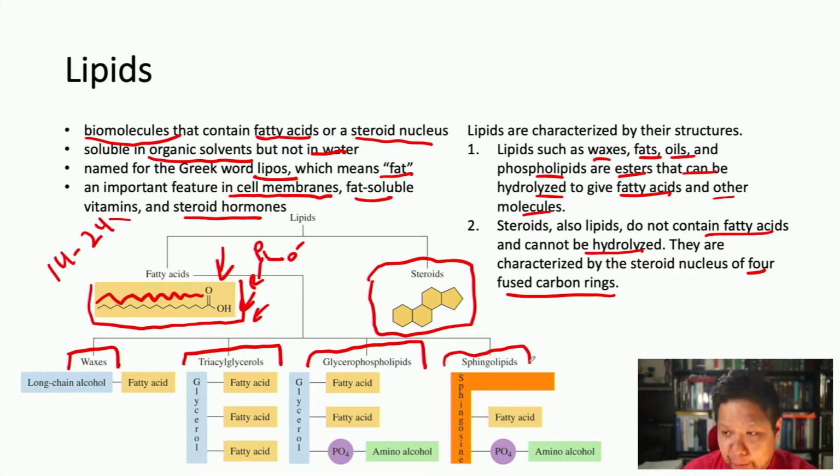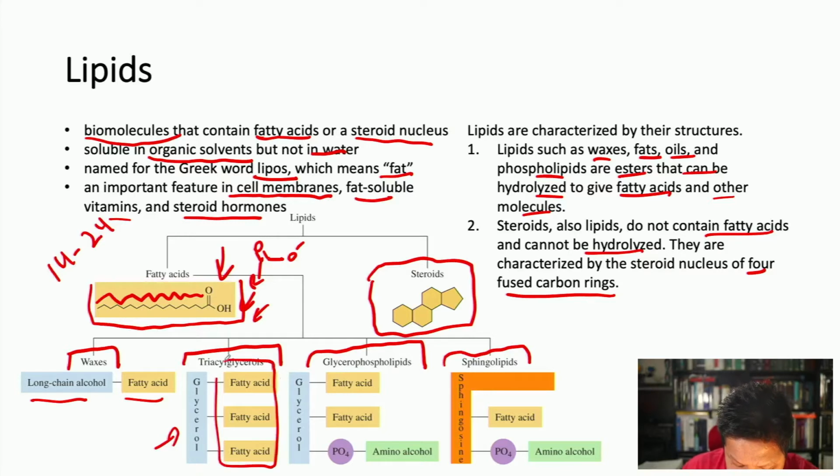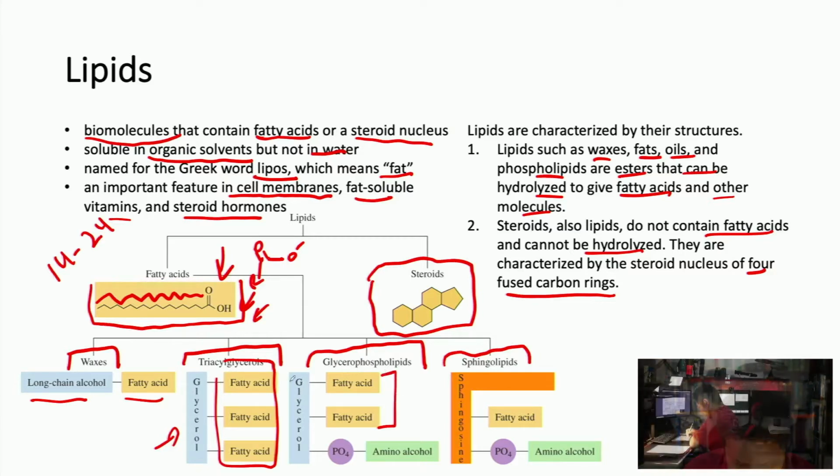You can see each one of these categories has a different structure. The waxes have a long chain alcohol with 1 fatty acid. The triacylglycerols have a glycerol attached to 3 fatty acids. The glycerophospholipids, which are part of the cell membranes, have 2 fatty acids attached to a glycerol, a phosphate group, and an amino alcohol.